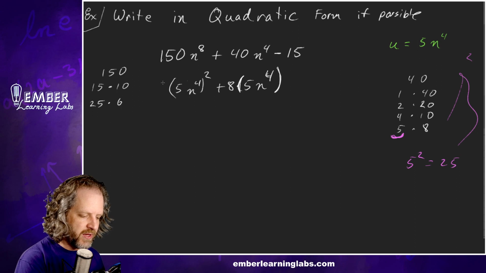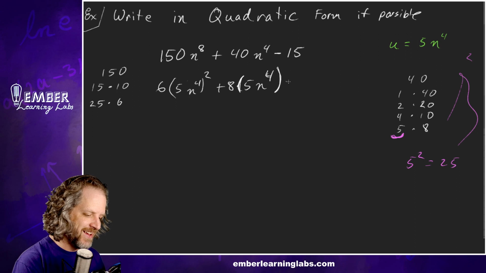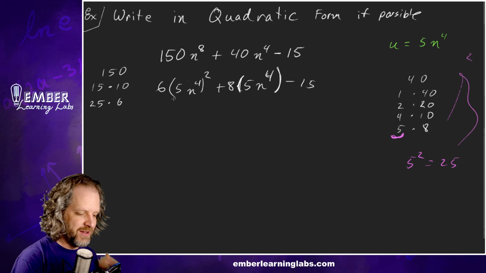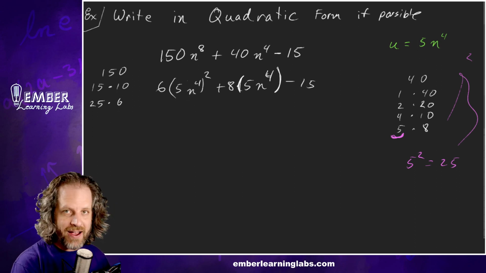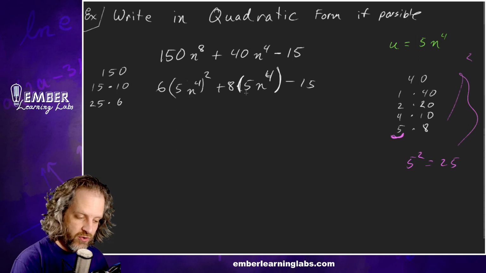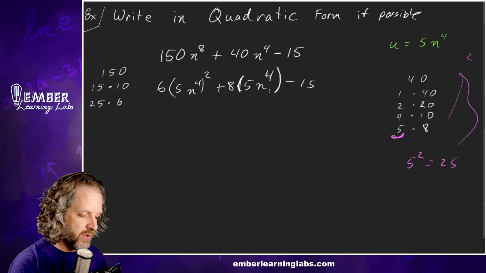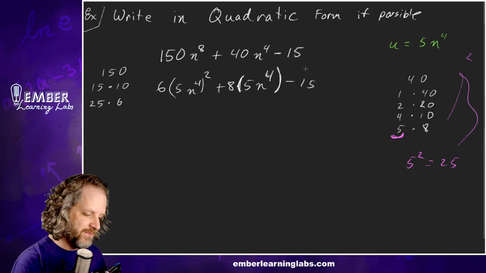So what I'm going to multiply on the outside is 6. Minus 15. So now we're in the form 6 times u squared, u being 5 to the 4th, plus b, 8u, again, u is 5 to the 4th, plus c, minus 15, right?